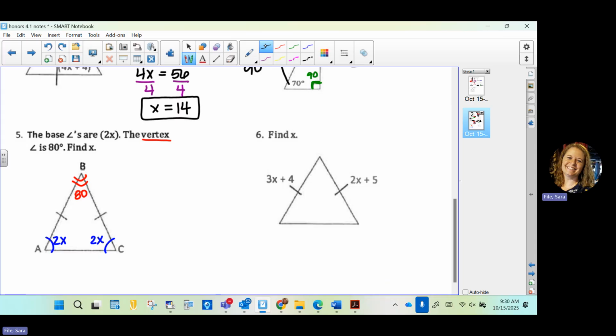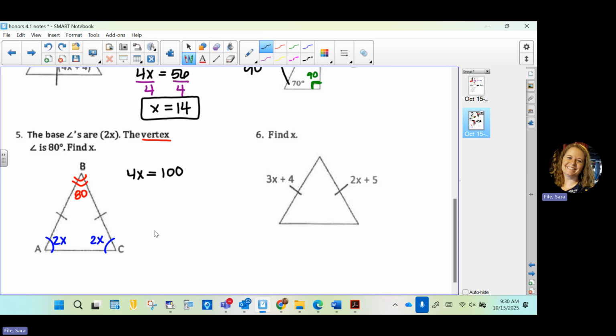Let's finish it up. All right, so what are we going to do to find x? Put 4x what? Okay, now why does 4x equal 100? Some of y'all start steps ahead of others. Let's explain where that came from. We know that the 3 angles together have to add to 180.